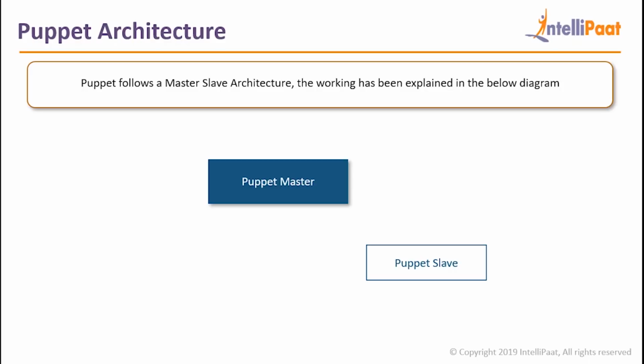So there is one master and there could be numerous slaves which are being served by the master, right? Because Puppet is a pull type of configuration management tool, everything is initialized by the slave. So the way Puppet works is, first the slave sends its state to the master.